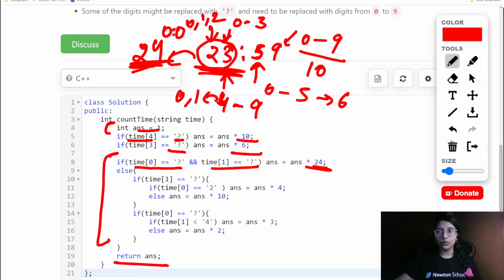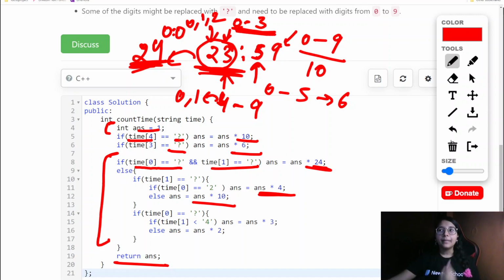So in that particular context, we are having just four possibilities: 0, 1, 2, and 3. So that's why we will be multiplying by 4, else our answer would be simply multiplied by 10.